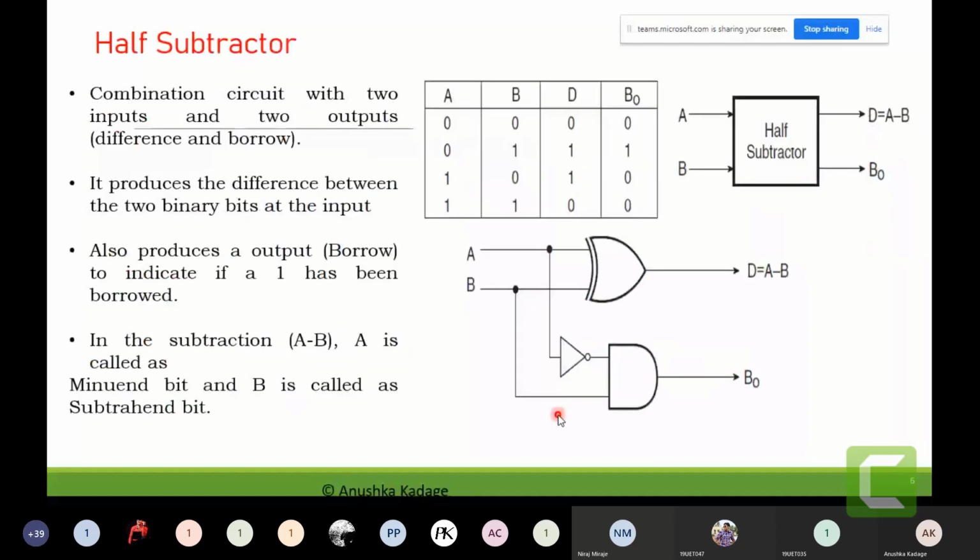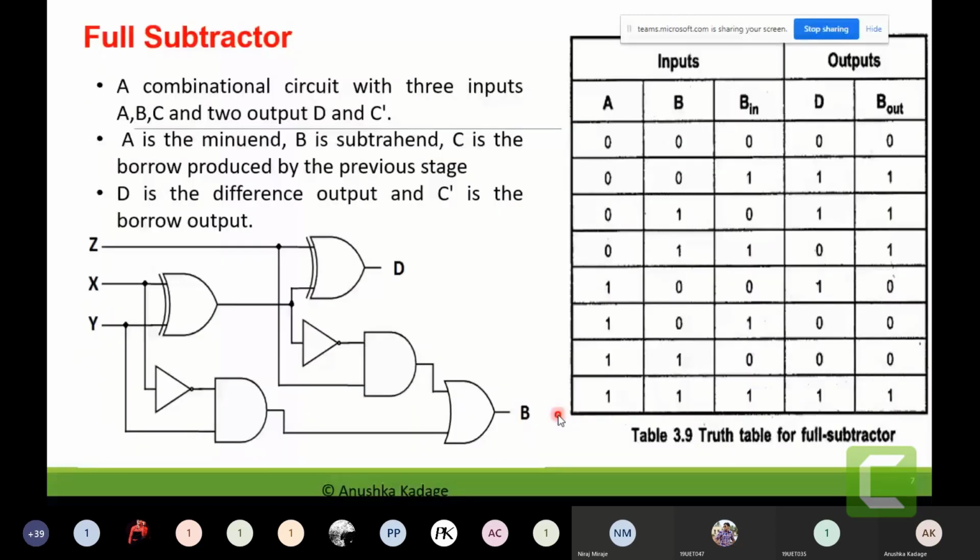But here, if you are observing, this we have drawn only for the 2 variables. That means the alternative way we can follow for the representation is, from these variables, we can write down the K-map.